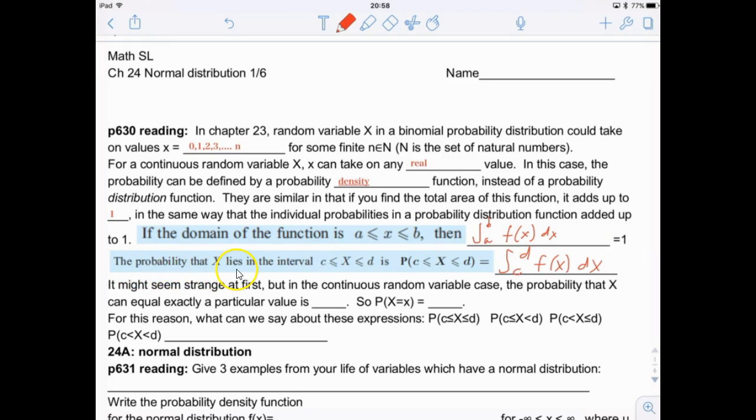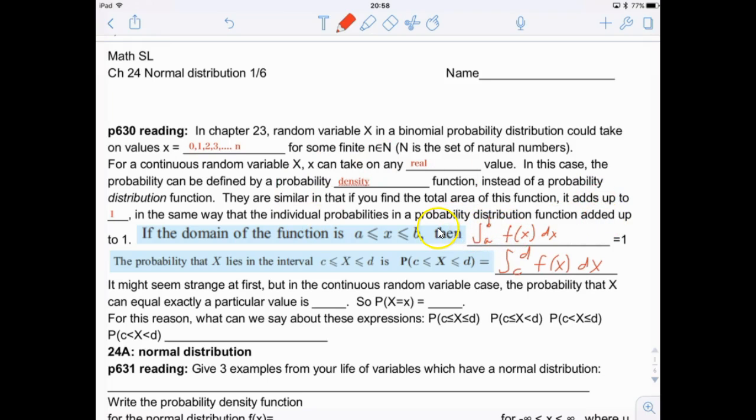The probability that x lies in the interval c to d, that is, c is less than or equal to x less than or equal to d, is equal to the integral from c to d of f of x dx. So this first integral is when you're integrating over the entire probability density function.